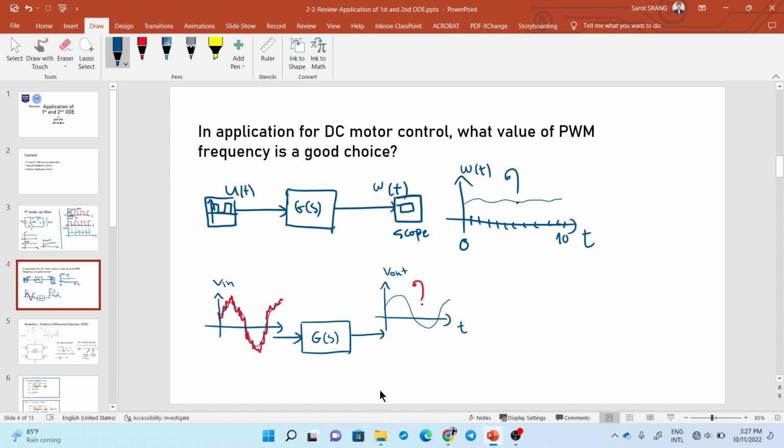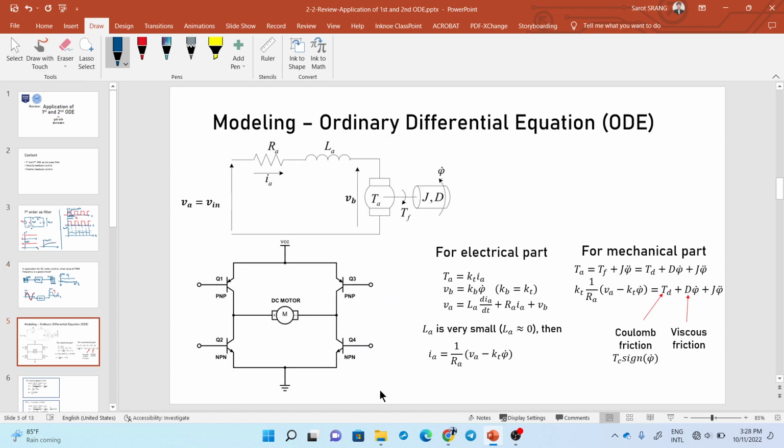So both first order and second order can behave like a low pass filter like this. I just give another example of first order. You can obtain it from a DC motor, where you ignore the value of inductor.